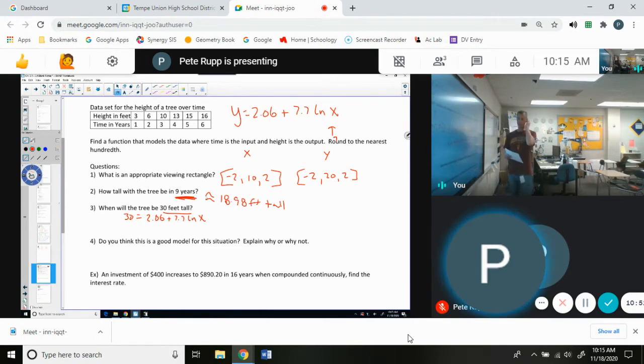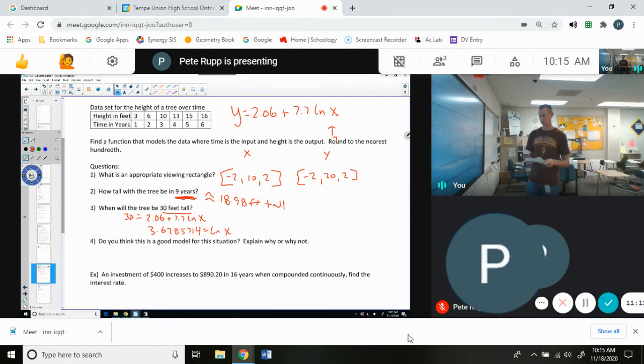And then you go ahead and solve that equation. So you'd move the 2.06 over by subtraction, you'd divide by 7.7, and what that gives you is 3.62855714 equals natural log of x.